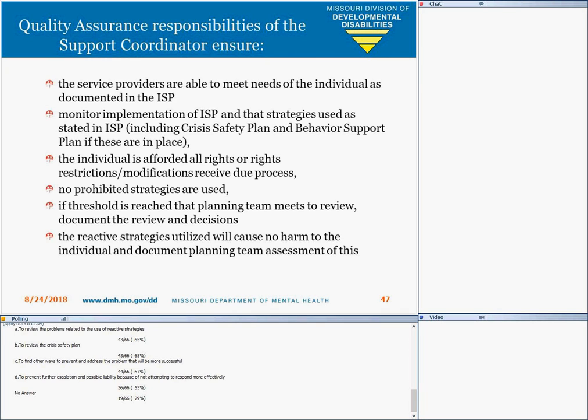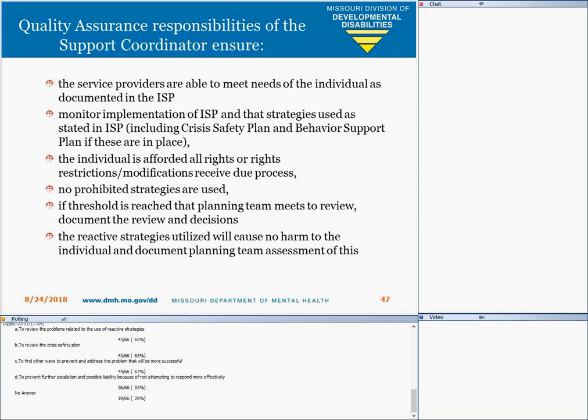The support coordinator also has some quality assurance responsibilities. One of those is to be sure that the service providers are able to meet the needs of the individual as documented in the ISP. They also monitor implementation of those ISP strategies as in the ISP and in the crisis safety plan.